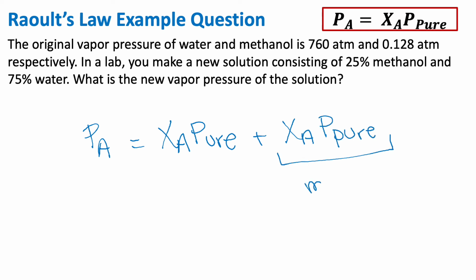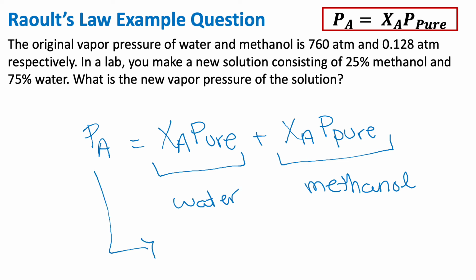So in this case, we could say this one is methanol, and we could say this one is water. And this equation can be used to find the vapor pressure of the solution. And that is essentially Raoult's law. It's a way to quantify that decrease in vapor pressure due to the addition of the solute.